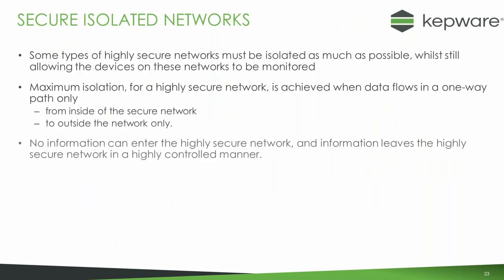So these types of heavily isolated networks for very secure applications, where you have data passing from the inside of the secure network to the outside, and the data being passed in a very heavily controlled manner, these are types of solution where a data diode is perfect.